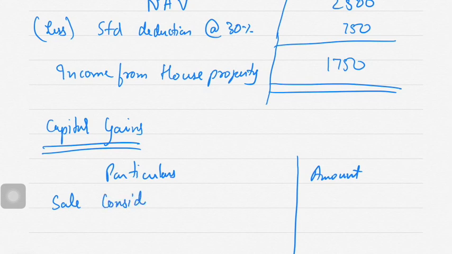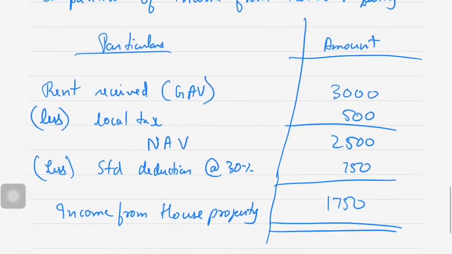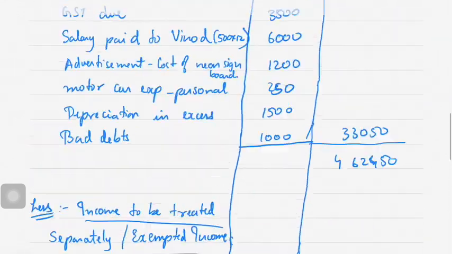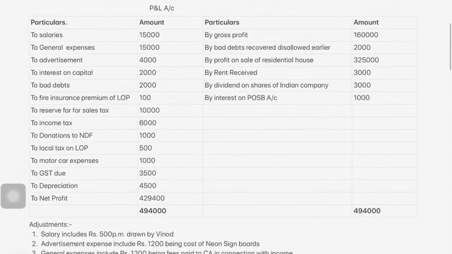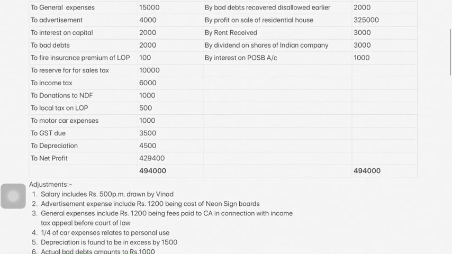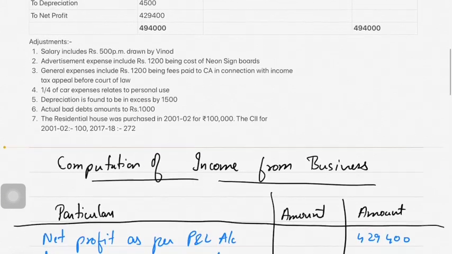Sale consideration. They have not given at what price they have sold, but they have said that profit on sale of residential house is 3,25,000.